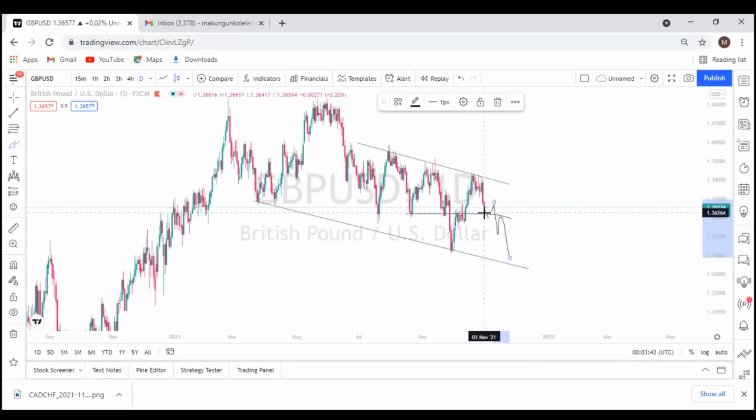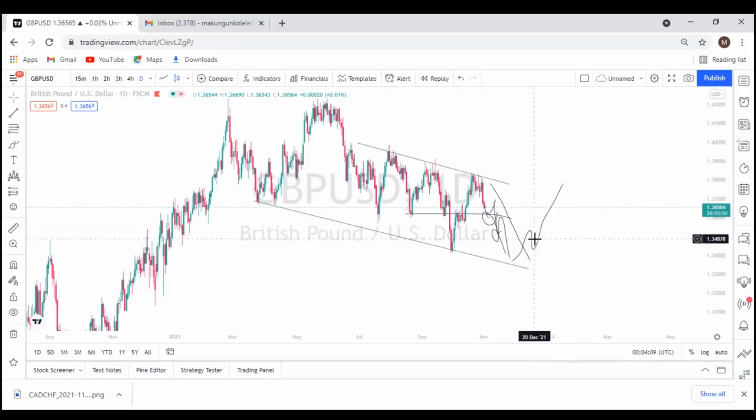Just to form a descending structure here as well, where the market is eventually gonna break out and then buy. And within this descending structure, it's also gonna have that 1, 2, 3 formation. So that's the second possibility.